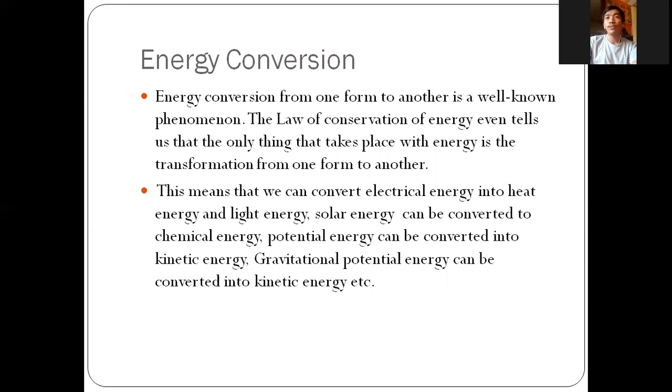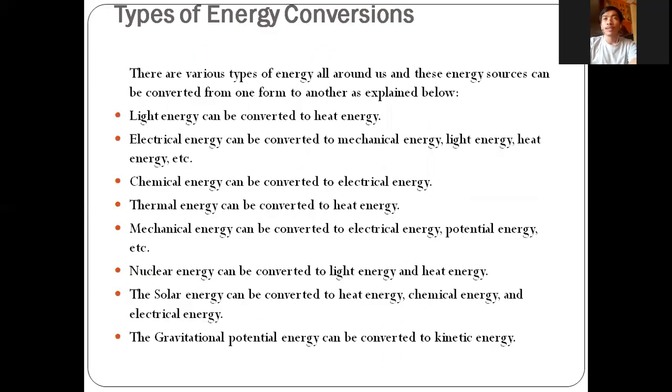This means that we can convert electrical energy into heat energy and light energy. Solar energy can be converted to chemical energy. Potential energy can be converted into kinetic energy. Gravitational potential energy can be converted into kinetic energy, etc. These are the types of energy conversion.